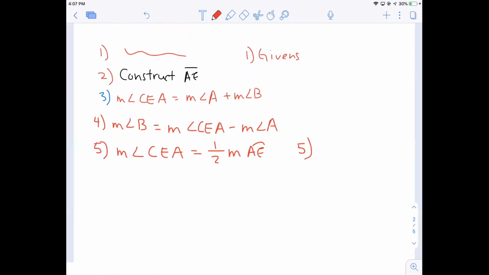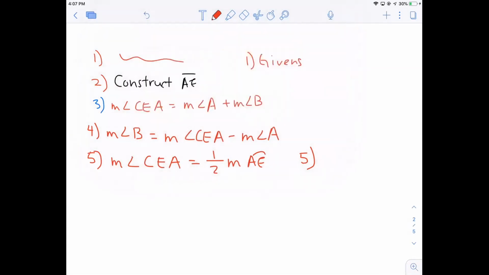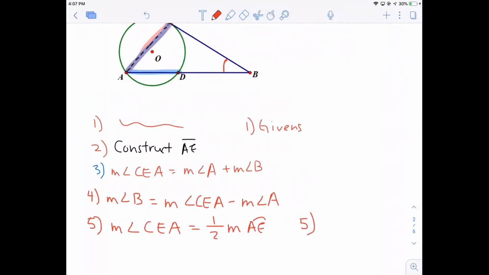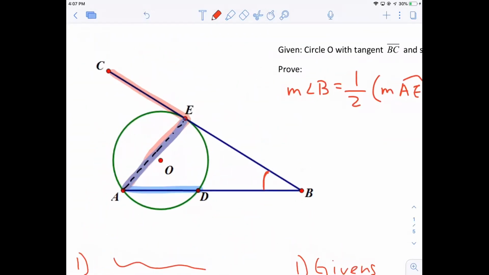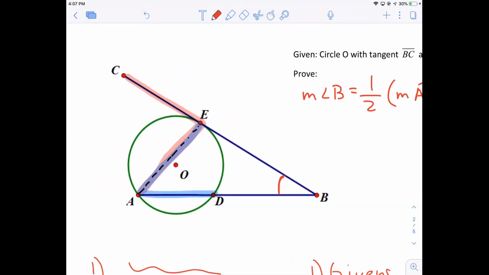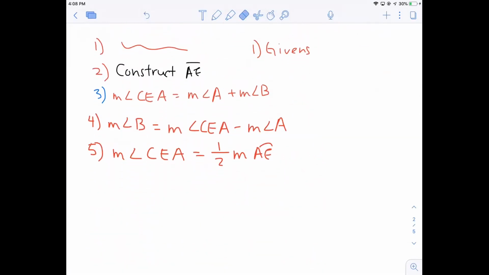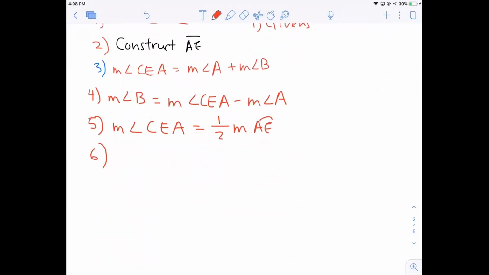Did we do that yesterday or before the weekend? I don't remember. But that theorem says a tangent and a chord to the point of tangency form an angle that is half the measure of its intercepted arc. I'm not going to write all of that out, but that was a theorem we showed.